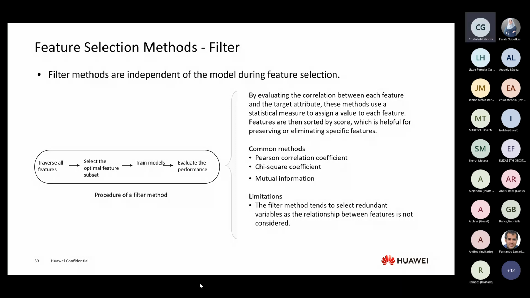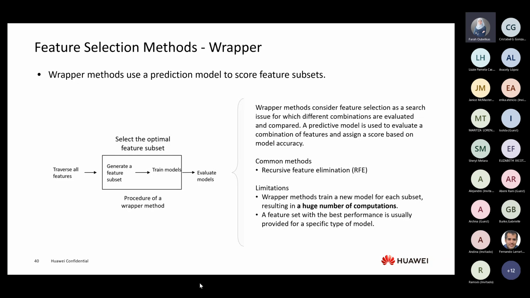Now for the wrapper, as you mentioned, it creates many different models with different subsets of input features, and then it chooses the best performing model. The best performing features are going to be the selected features. Okay, so I guess it's clear.